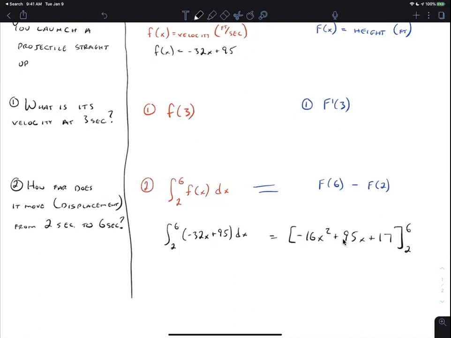Okay, so the derivative of the function I put here needs to be this. Why am I right then? What's the derivative of negative 16x squared? Negative 32x. And what's the derivative of 95x? 95. And what's the derivative of 17? 0, which is why I can have the 17.